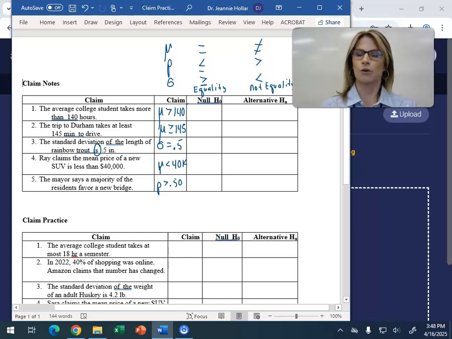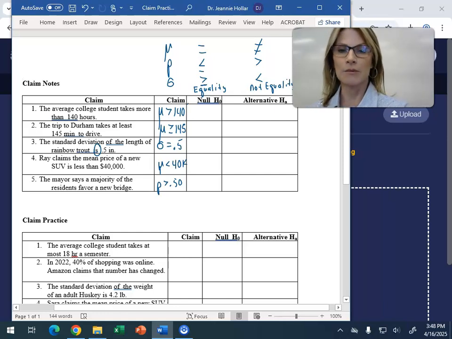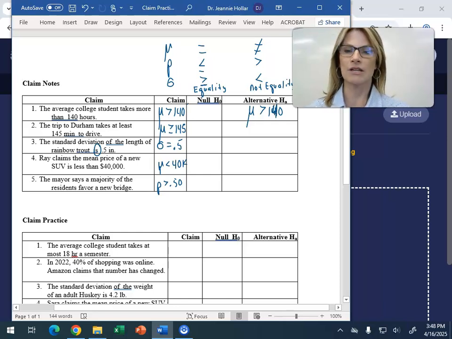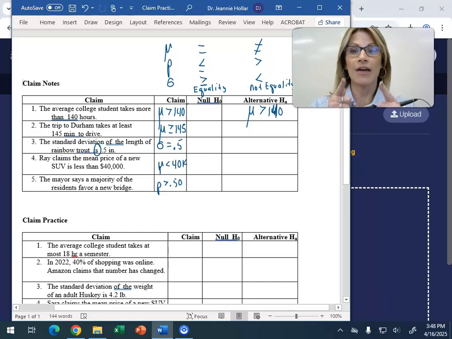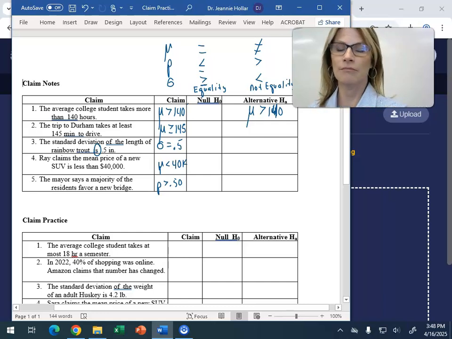Okay. So, looking at the first statement, mu is greater than 140. It does not have equality, so it becomes our alternative. So I'm going to go through the first time and just decide if it's the null or the alternative, and then we'll come back and do the next step. Greater than or equal to 145. Since it has equality, that will be our null.